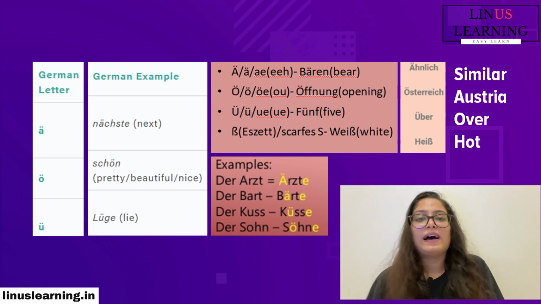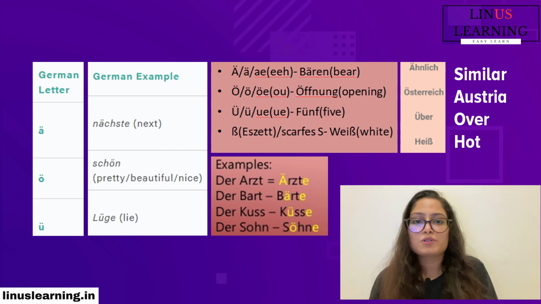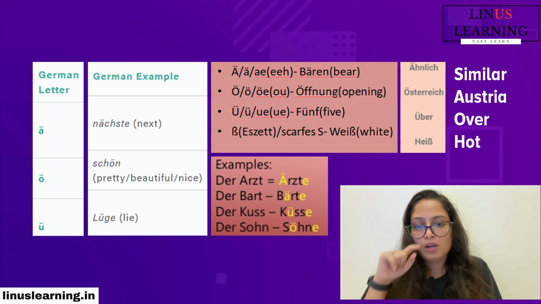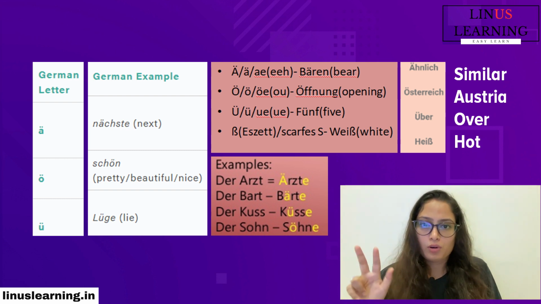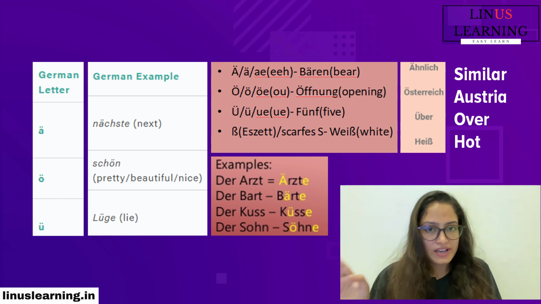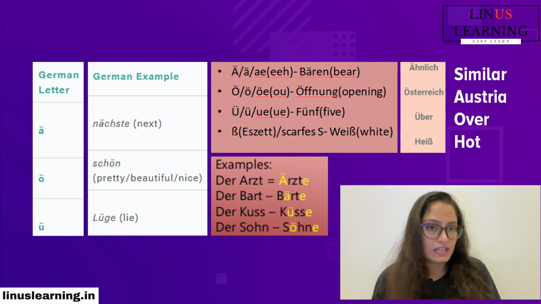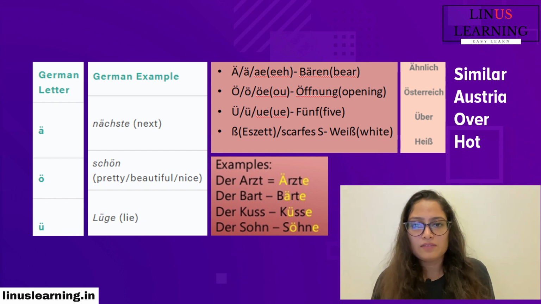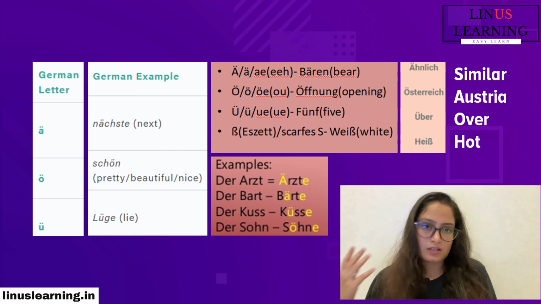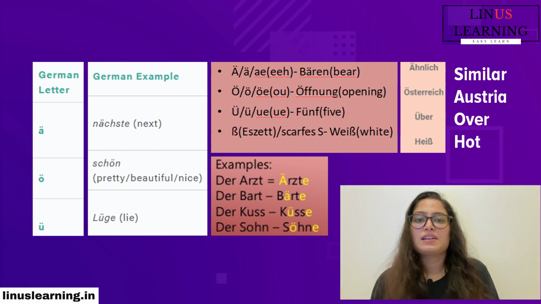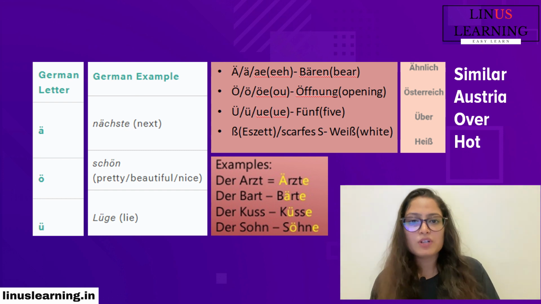So these are all the special characters that we have, the 4 special characters: A umlaut or Ä, O umlaut or Ö, U umlaut or Ü, then Eszett or the sharp S. These 4 special characters we have in German apart from A to Z. If you want to say from A to Z, then I will say von A bis Z. Von means from, bis means till or until.